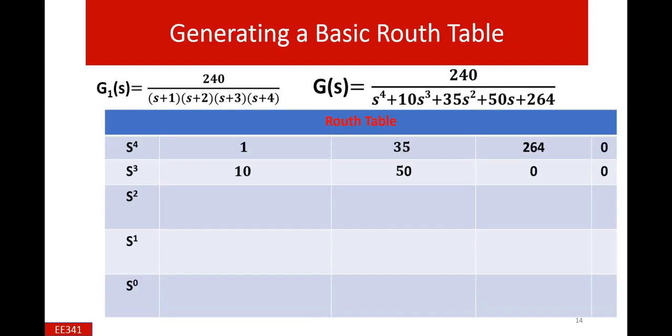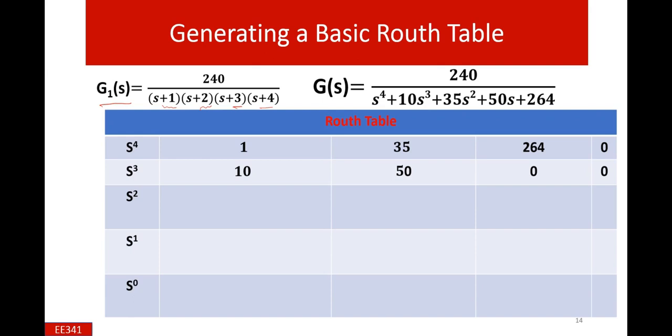G1(s) is the open loop transfer function, and from the open loop transfer function it clearly indicates that all poles lie at -1, -2, -3 and -4. So our four poles lie on the left half plane in the complex plane. So the system is stable in the open loop transfer function.